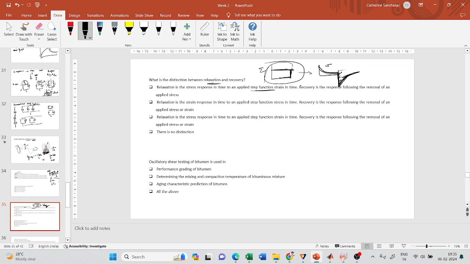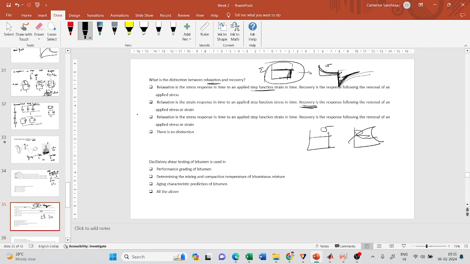So relaxation corresponds only to stress response when subjected to a constant strain, whereas recovery refers to the response when either a stress is removed or strain is removed. So when a strain is removed and the stress recovers, you will call that recovery. Or when a stress is removed and the strain recovers, you will call that also recovery.